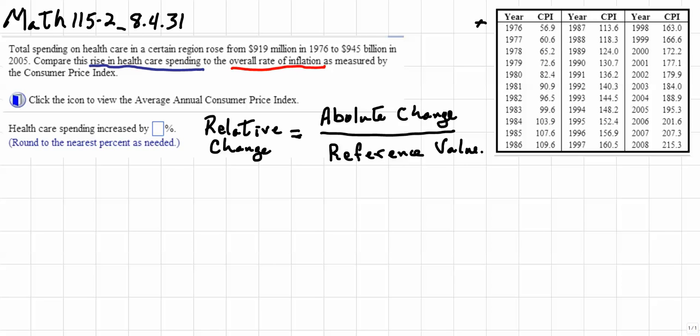What does absolute change mean? Well, that's the difference between the new value and the reference value. So absolute change is the new value minus the reference value.